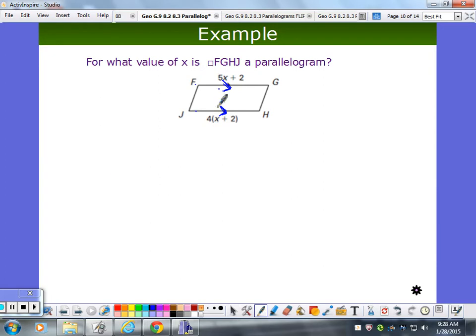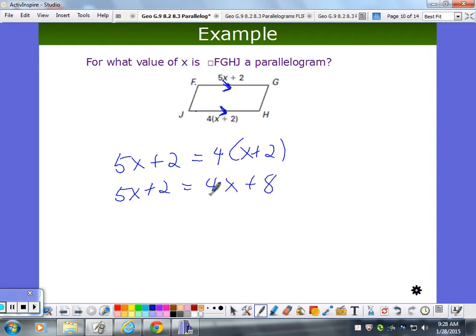So what value of x makes them congruent? I would set them equal to see what value of x makes them equal. 5x plus 2 equals 4x plus 8. I subtract 4x and then subtract 2. Looks like x equals 6. Did I answer the question? Yes.